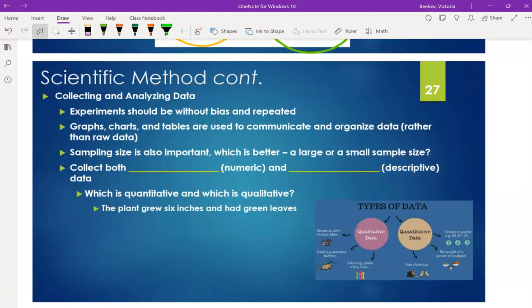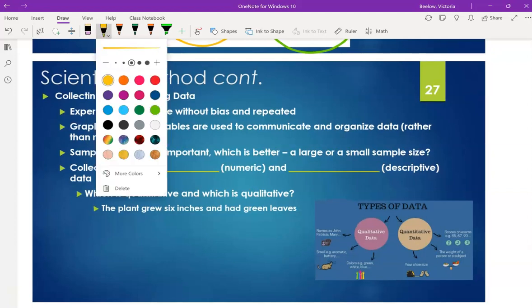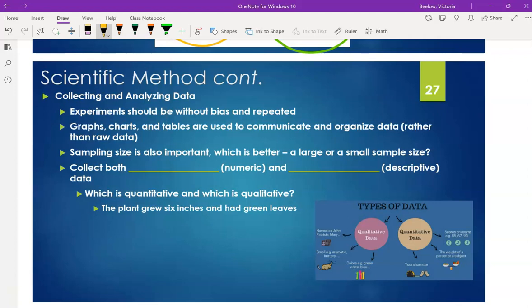All right, and then when you're collecting your data, after you've done the experiment and collected your data, your experiment should be without bias and repeated. So a lot of times scientists, it's not like they do one experiment and they're like, haha, I'm right. It doesn't work like that.